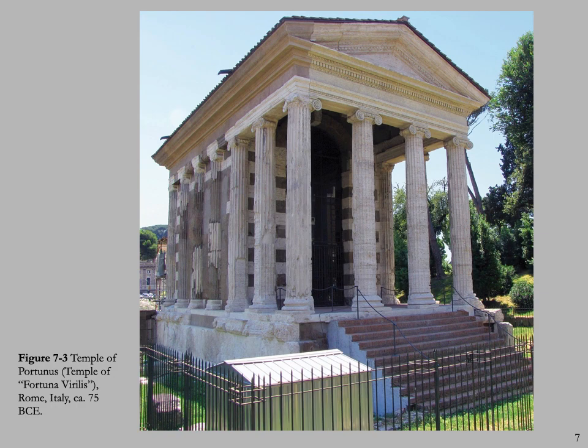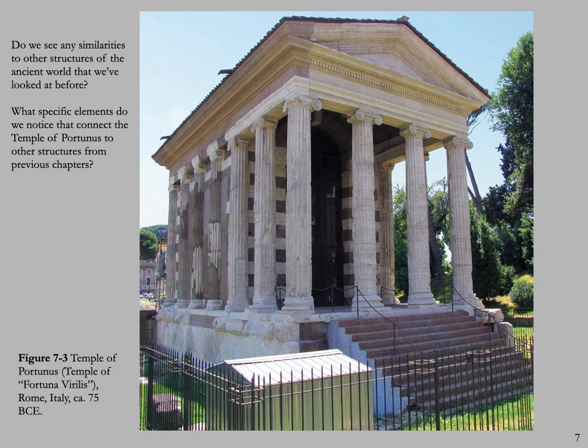So it's up off the ground, and a porch area under those columns before we get to the actual door entrance to the temple. Notice the Greek influence here. Another Greek influence is that this is made from marble, right?